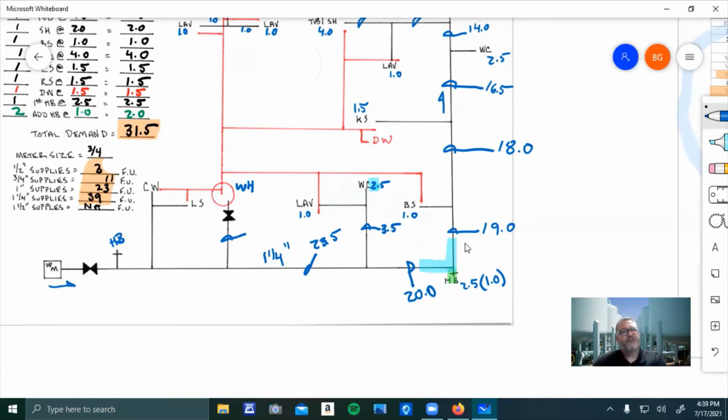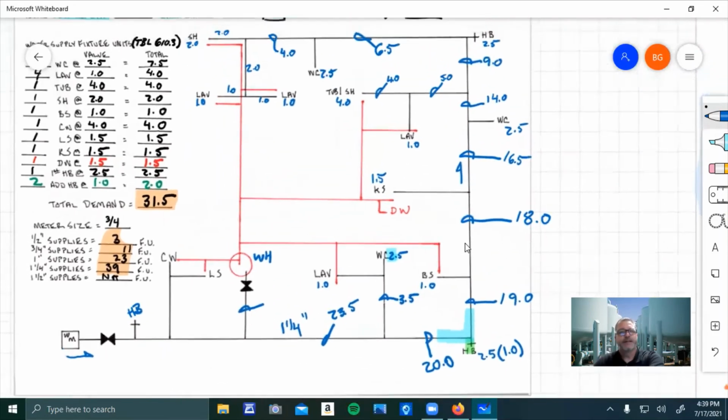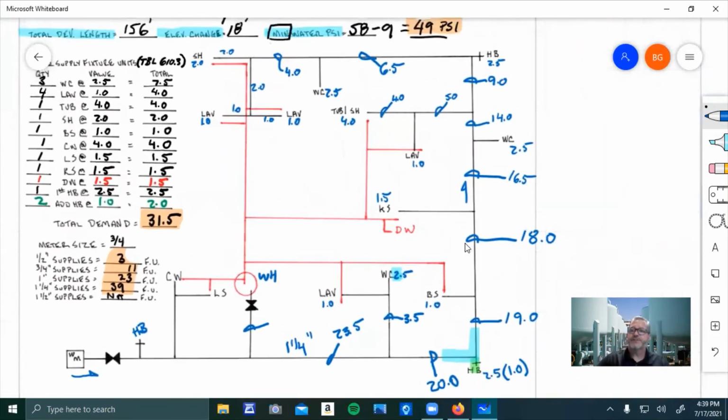It's also an alternate route for some fixtures to travel. Let's look at the shower at the very end of the line here. So we have this shower, which is right here. That shower was being fed this way, through the main, all the way over here.